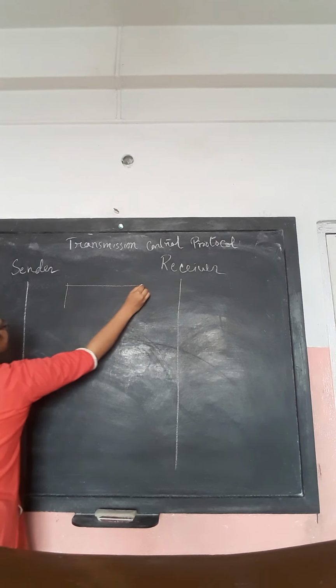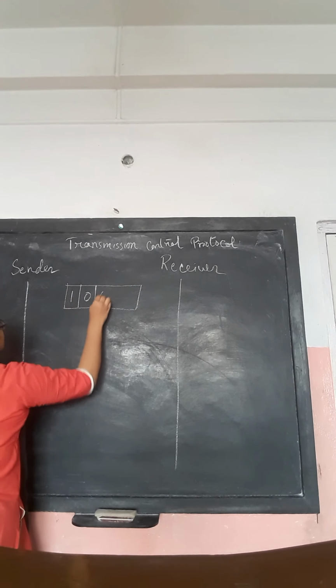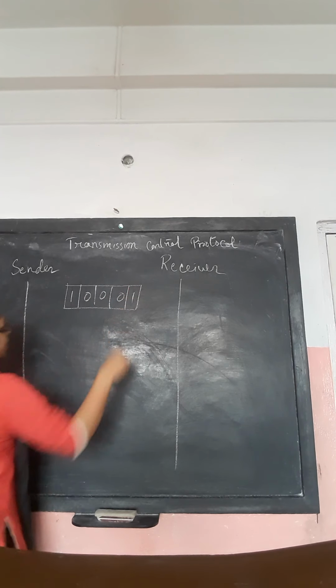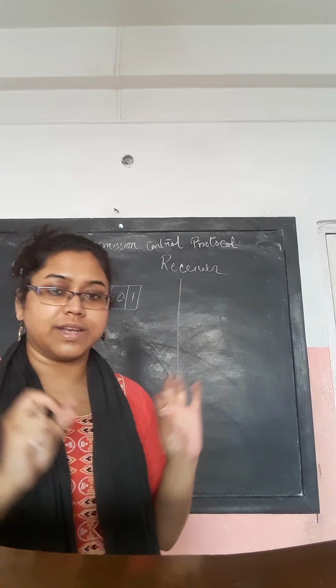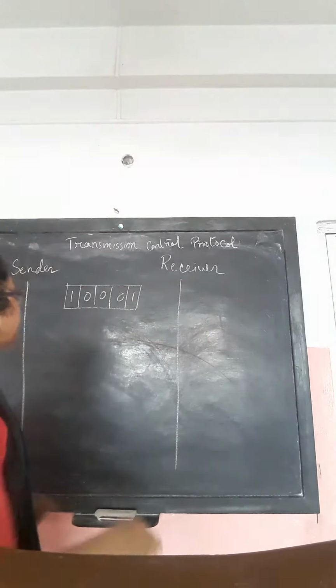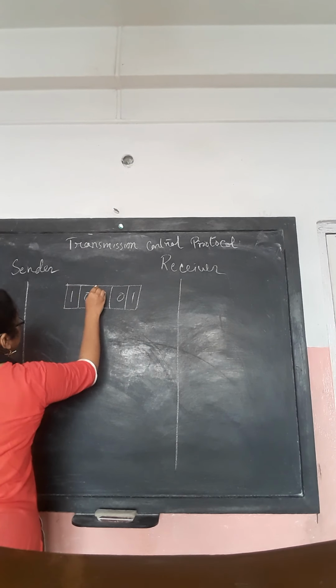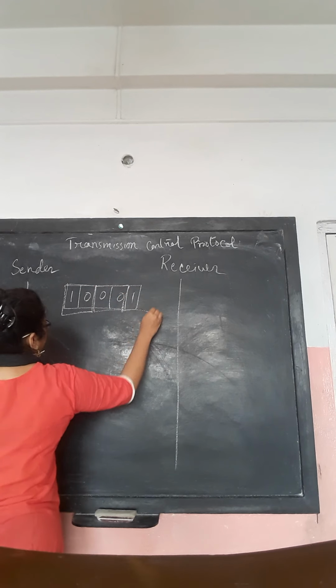Suppose there is a whole data like 1 0 0 0 1. Now the sender will break the whole data into small pieces of data packet window. Like first this part will be sent, then this part, and then this part.